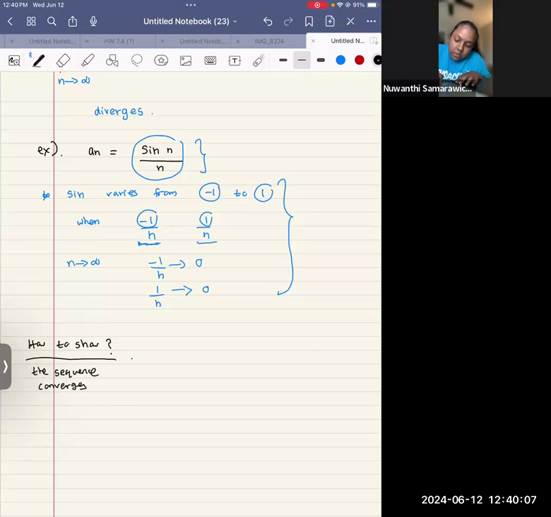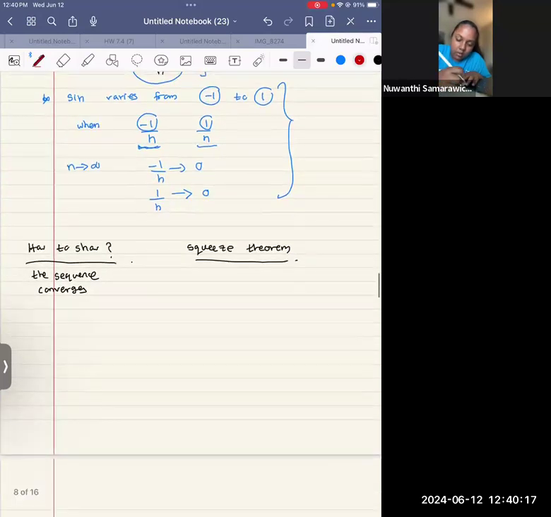We use the squeeze theorem. What does the squeeze theorem say?